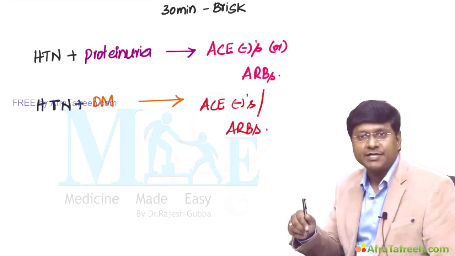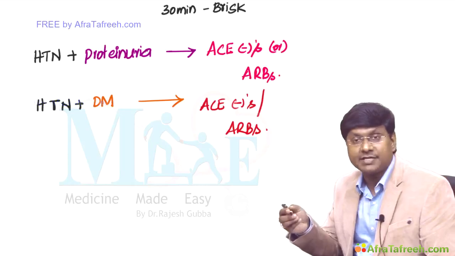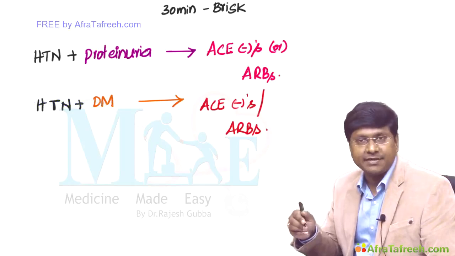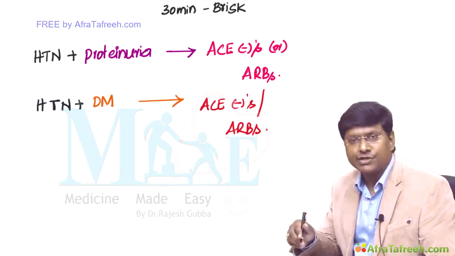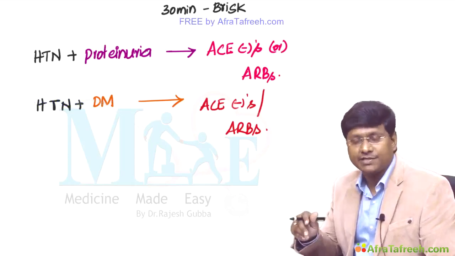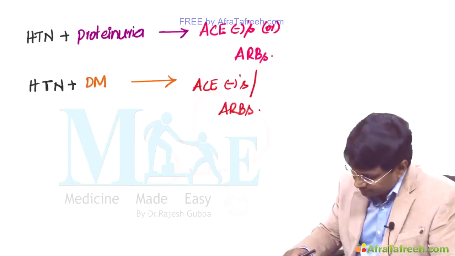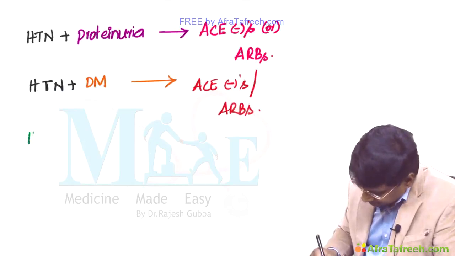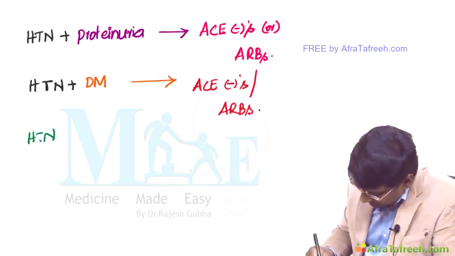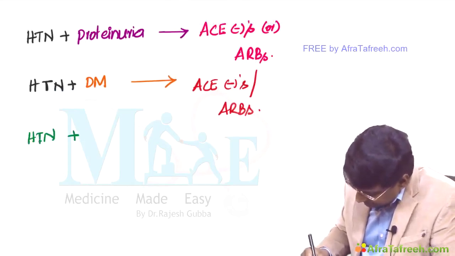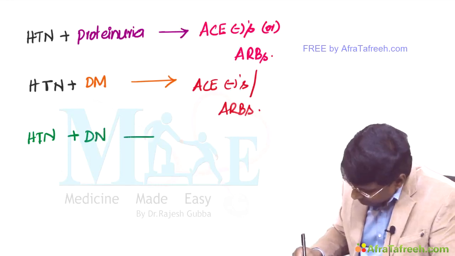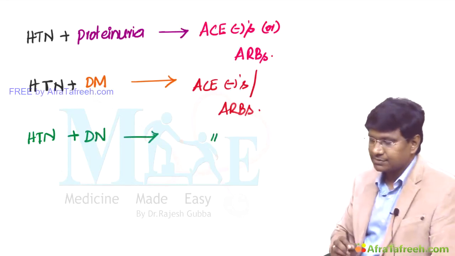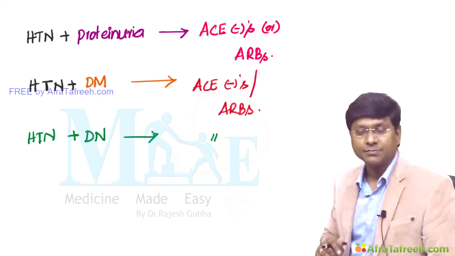Because patients with diabetes mellitus have a very great chance of developing diabetic nephropathy, and once the individual develops diabetic nephropathy, they can have proteinuria. So, to reduce the proteinuria, again we give ACE inhibitors or angiotensin receptor blockers. Next, patients with hypertension plus diabetic nephropathy: as we were just discussing, it is mainly the ACE inhibitors or ARBs that have to be given. Alright.